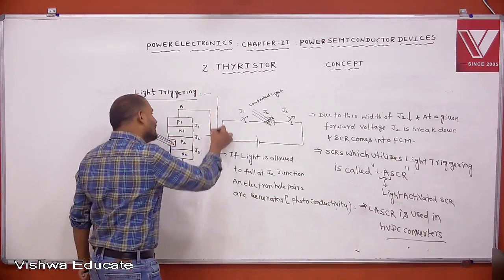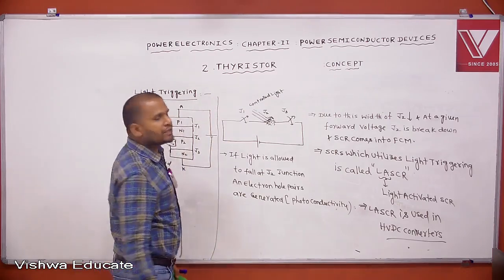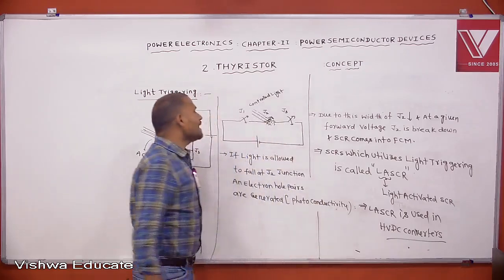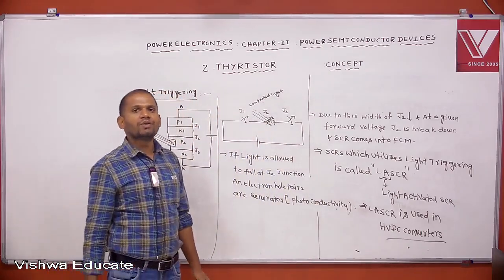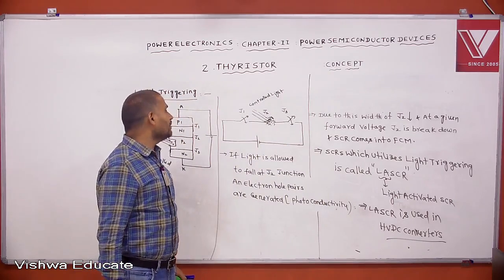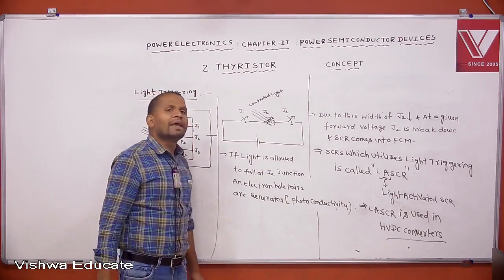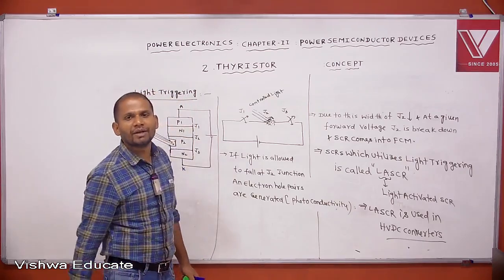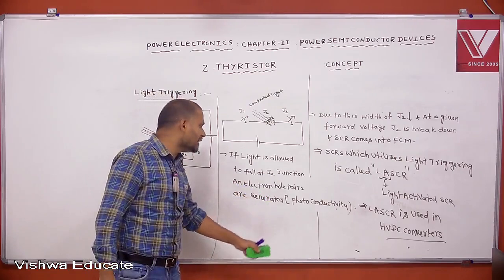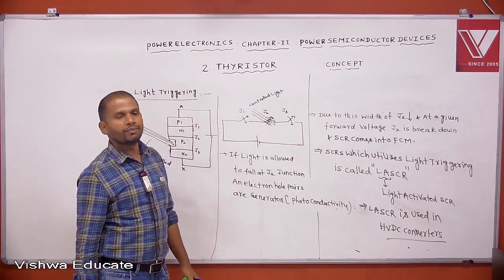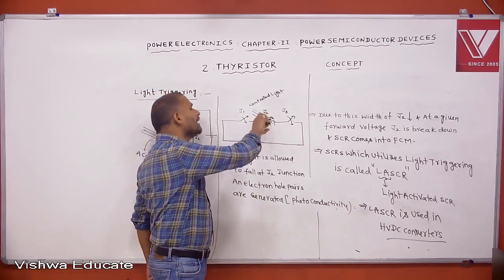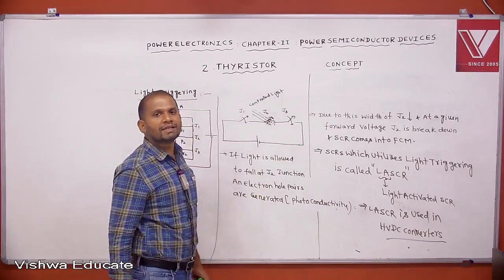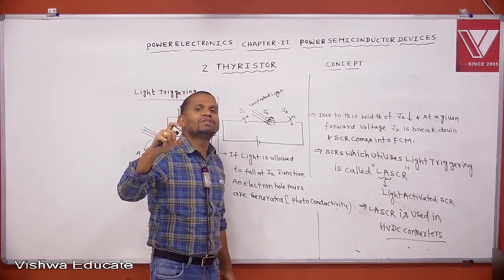A control light is allowed to fall at the J2 junction. Because the light has some wavelength, whenever light falls at the J2 junction, electron hole pairs are generated. If any light falls on the semiconductor material, electron hole pairs are generated. That is nothing but photoconductivity. If electron hole pairs are generated, the number of charge carriers at J2 increases, and the width of J2 reduces.